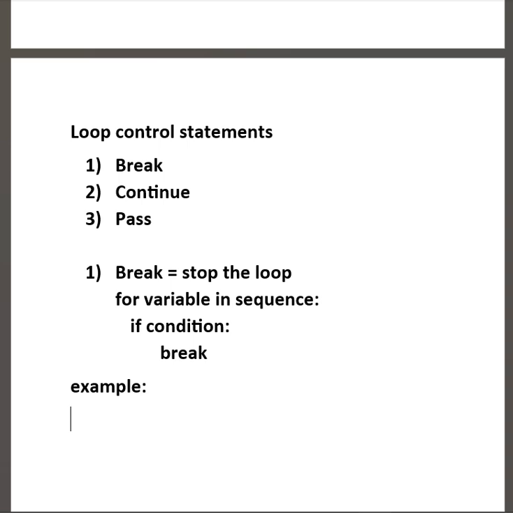Okay, I'm going to take a for loop. For i in range 1 to 10, I'm taking 1 comma 10, this is starting and this is stopping.